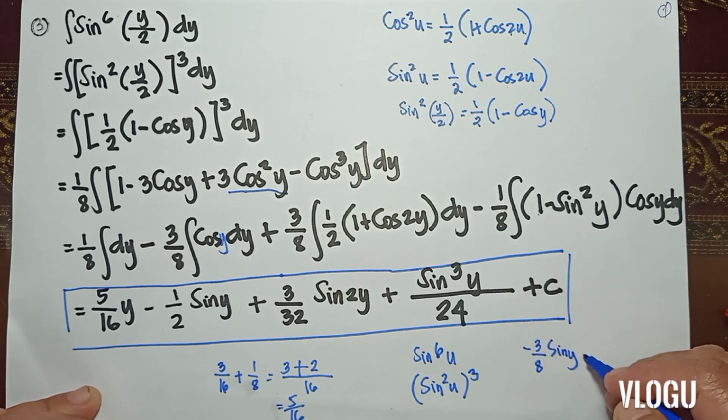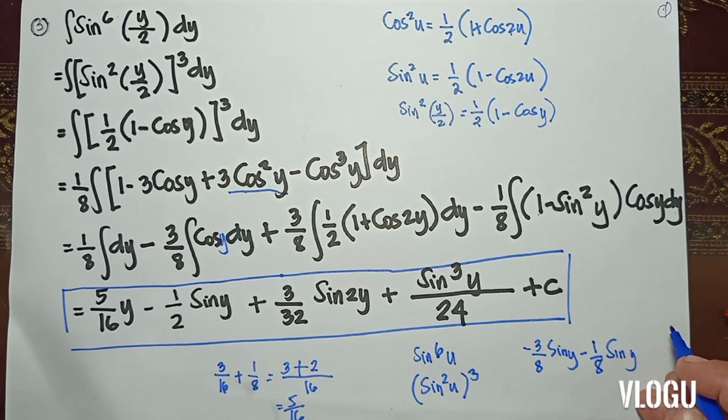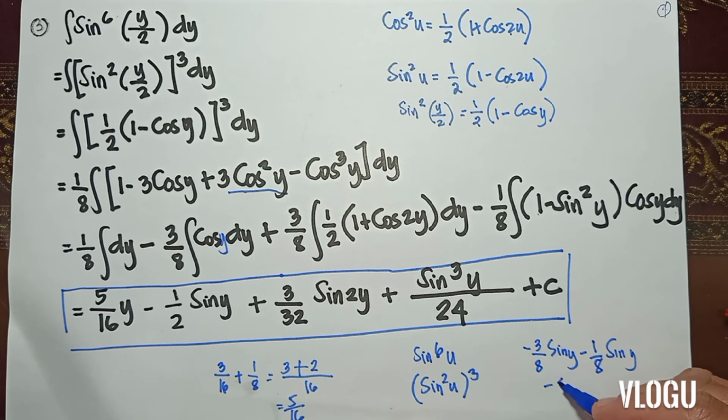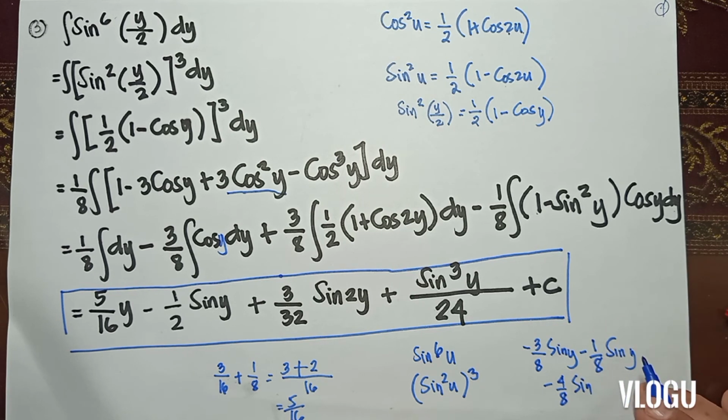Then here you will have minus 1/8 sine y. So that's the reason you will have negative 3/8 minus 1/8, which is negative 4/8, equivalent to negative 1/2 sine y.